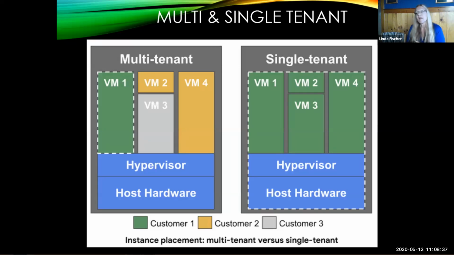Basically, it allows you to shape your nodes in order to achieve the highest level of utilization. So when we're looking at this diagram, multi-tenant means we have multiple customers utilizing virtual machines on one physical data center server, right? One VMware host or Hyper-V host machine. Whereas single tenant means that one customer is utilizing the entire box, the entire physical server, or the entire host.